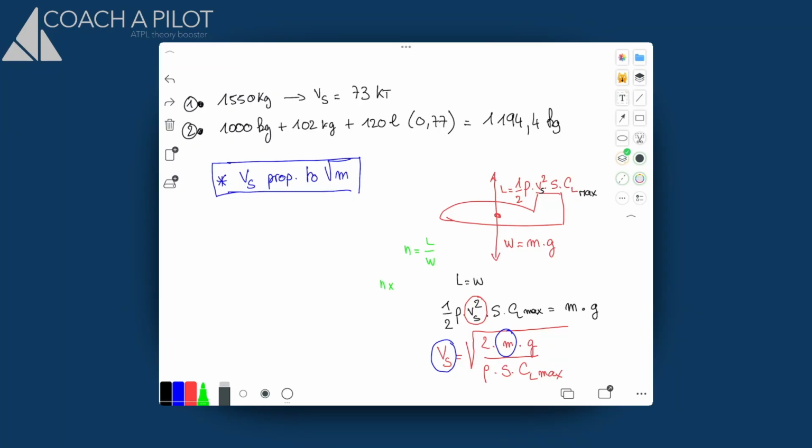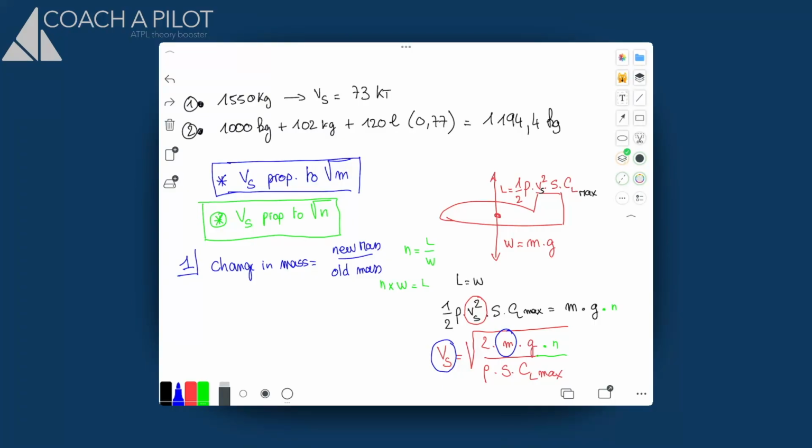Second point, the load factor is lift divided by weight. So obviously, load factor times weight equals lift. We can add the load factor in the previous equation under the square root, so VS is also proportional to the square root of the load factor. To solve this question, the first step is to calculate the change in stall speed when the mass has changed.